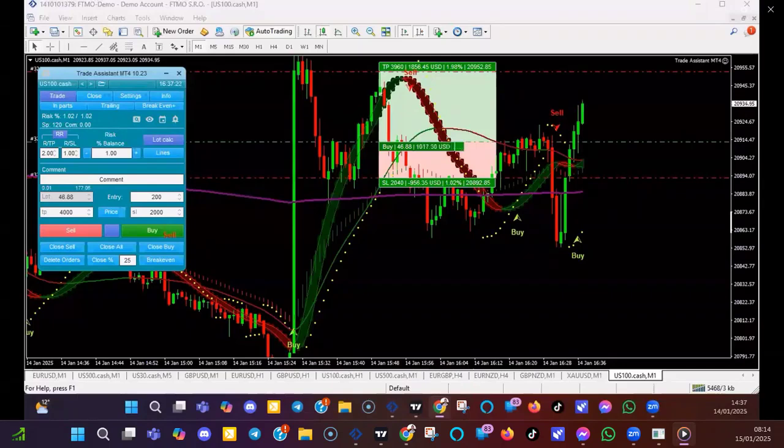The volume has increased because of the opening of the New York Stock Exchange, and I'm following the Academy 55 indicators to hopefully a potential buy that's going to be happening.